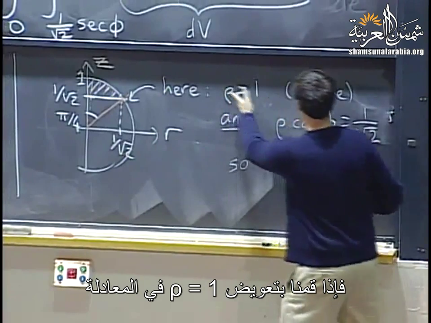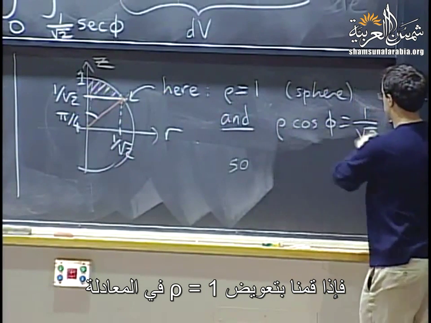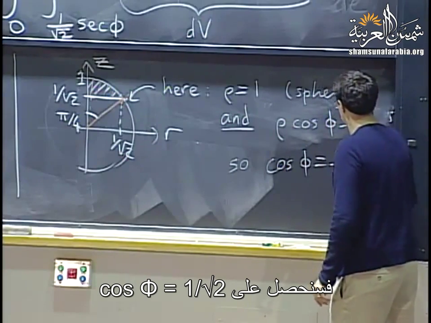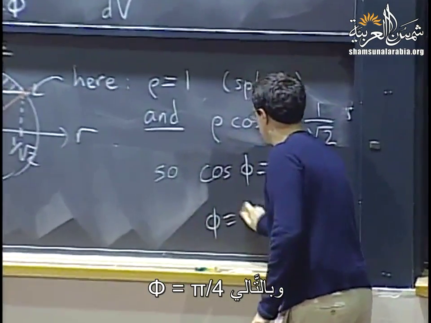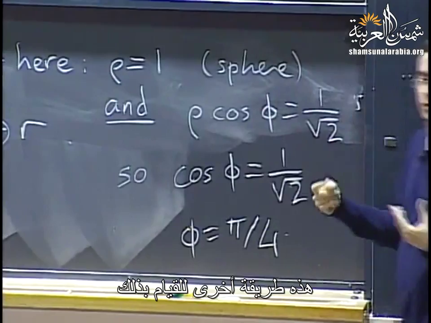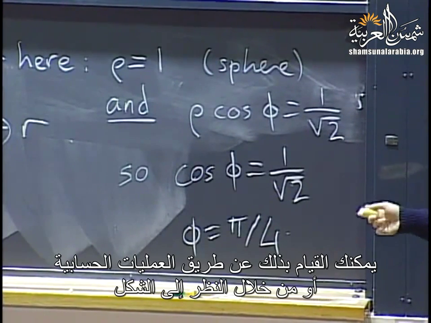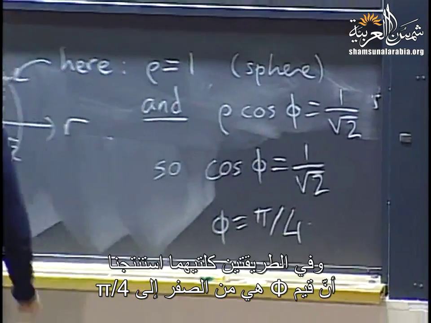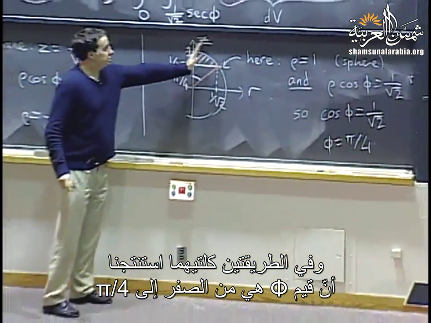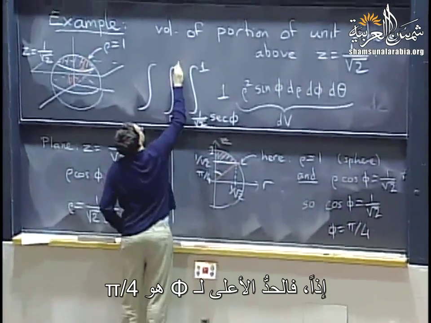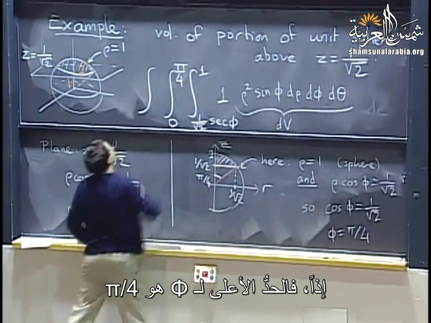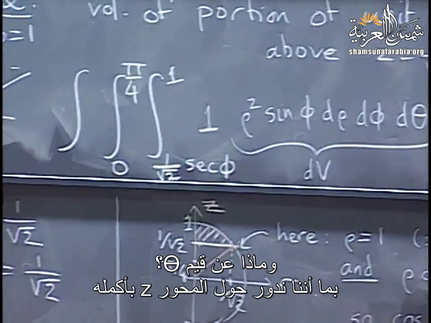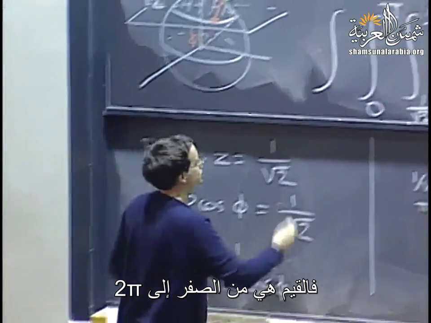So if you plug rho equals 1 into here, you get cos phi equals 1/√2, which gives you phi equals pi/4. That's the other way to do it. You can do it either by calculation or by looking at the picture. Okay? So either way, we've decided that phi goes from 0 to pi/4. So this is pi/4. Finally, what about theta? Well, because we go all around the z-axis, we're going to go just 0 to 2 pi.